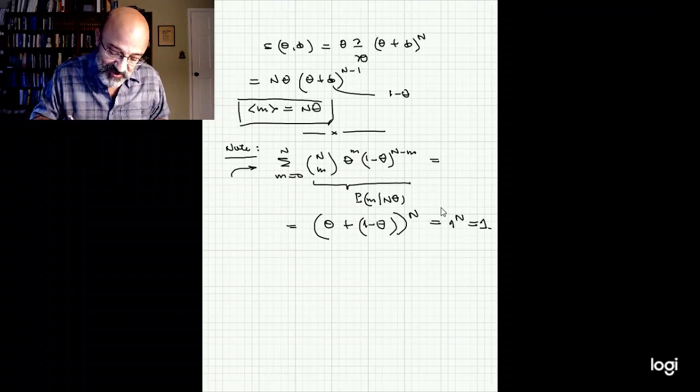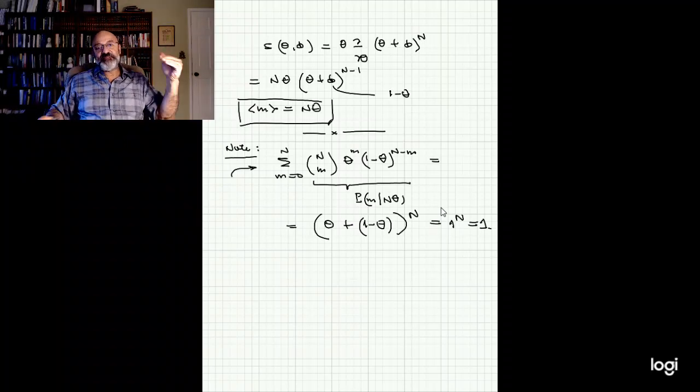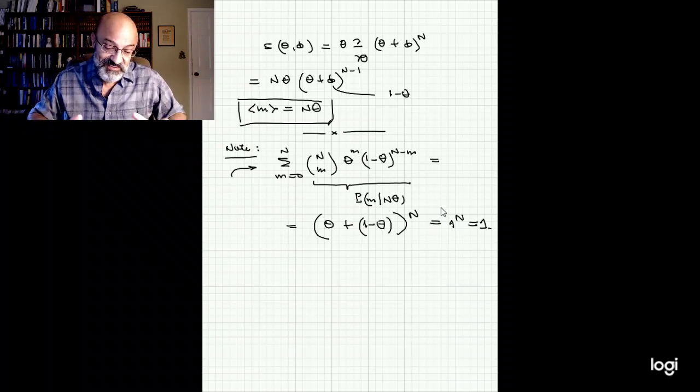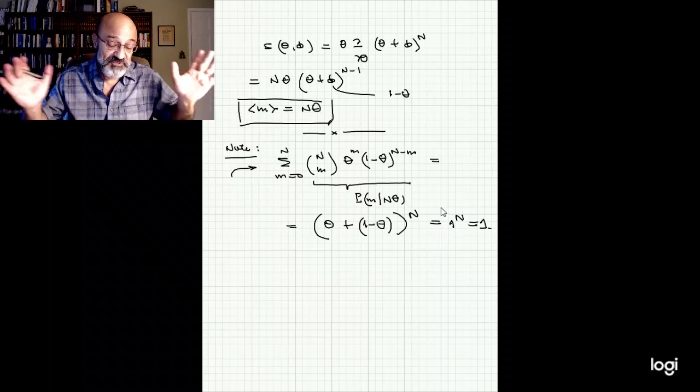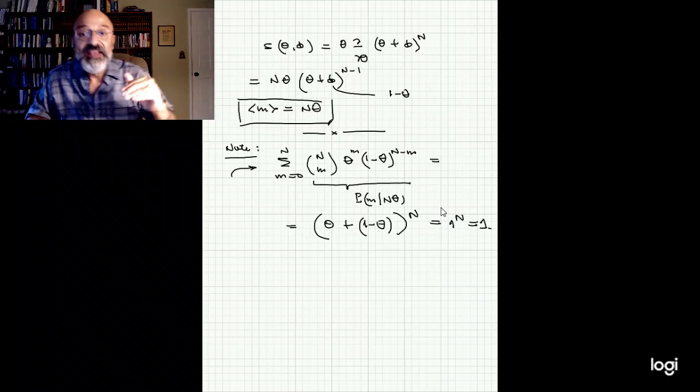This is one example of a trick that we're going to find extremely useful over and over again. If you want to compute an expected value, the way to go is to look for the partition function. Here we see it in a case that has nothing to do with statistical mechanics or Boltzmann distributions or anything of the sort.